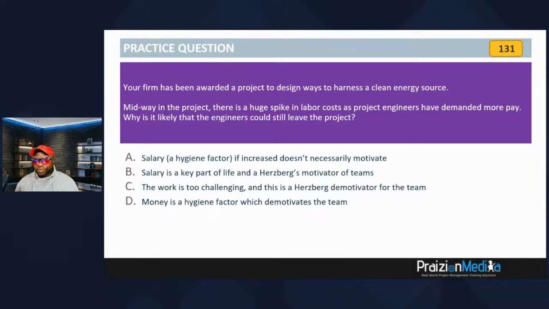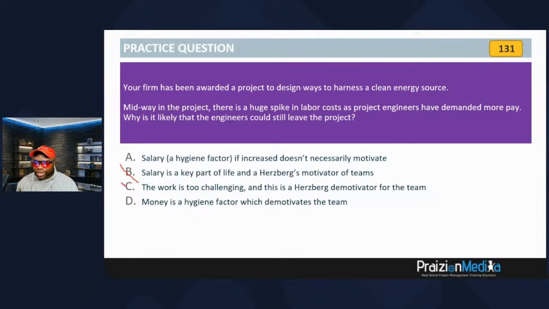All right, so let's stop the clock and check the answer to this one. The best answer, my friends, is not salary is a key part of life and a motivator. That is a false statement. So right off the bat, I am going to cancel B because it's false. C, the work is too challenging.